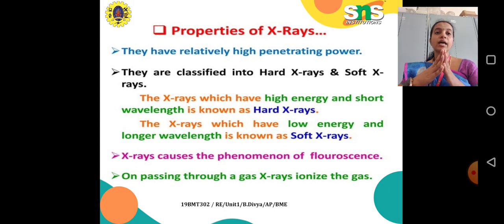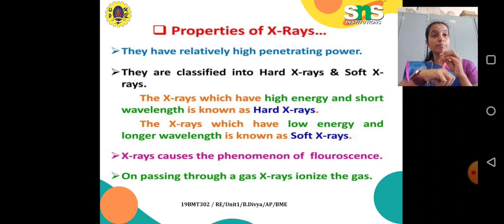They have relatively high penetrating power. Why? Because X-rays are mainly taken for bone fractures, right? As we all know, we have different kinds of layers of skin in our body.